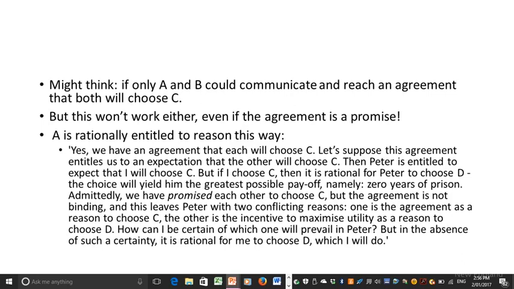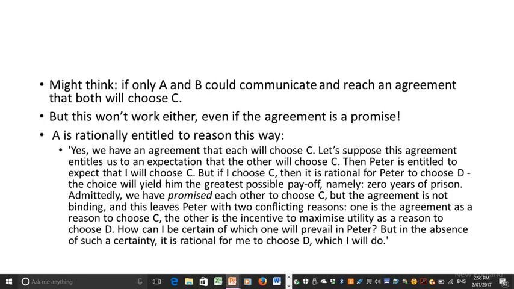As will become clear, even given the promise, it's reasonable to expect the other person will defect. But anyway, that's getting ahead of ourselves a bit. Let's suppose the agreement entitles us to an expectation that the other will choose C.